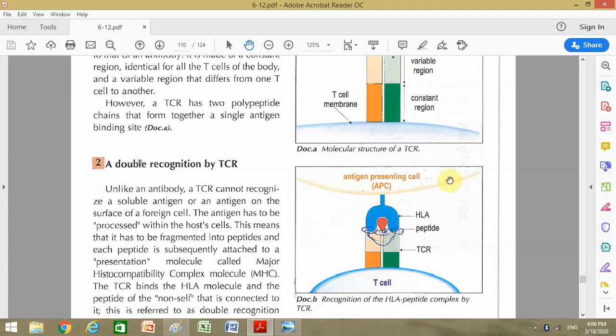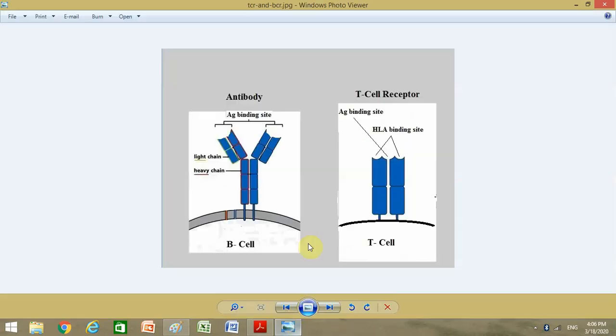So by this we know now that a B cell produces an antibody or an immunoglobulin which is a Y-shaped protein made up of 4 polypeptide chains, 2 heavy and 2 light, while a T cell receptor is always fixed on the surface of a T cell and it has 2 HLA binding sites and 1 antigen binding site, and it can only bind to antigens presented to it by the HLA proteins.